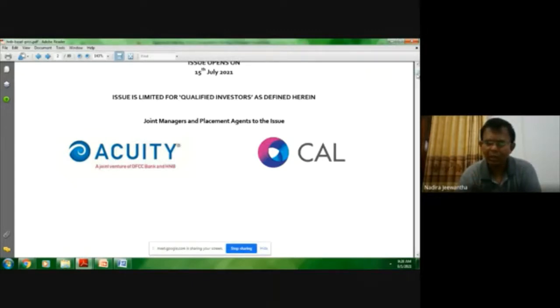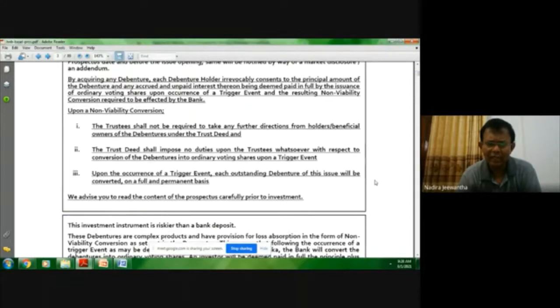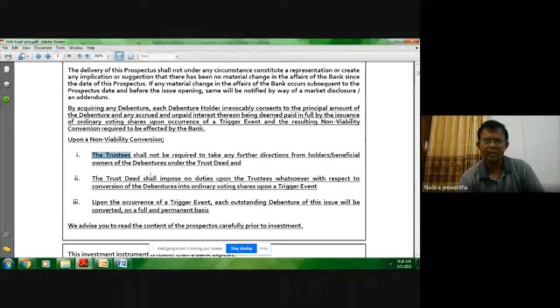Now remember, the below we have seen, here also is there. Trustee. Who is the trustee? Generally when you issue a debenture, you appoint a trustee. Why? The trustee is there to protect the investors' interest.